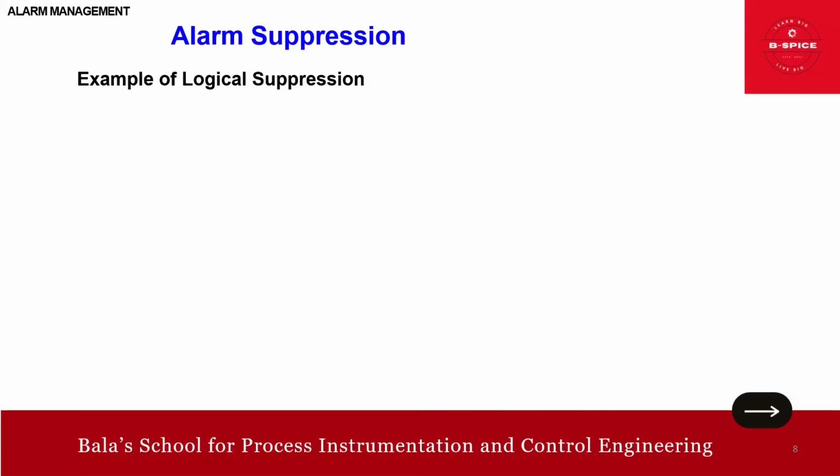So that's what I meant. For example, in this case, an LSHH eclipses an LSH and an LSLL eclipses an LSL. So that's all, friends. I think it's very simple and logical.